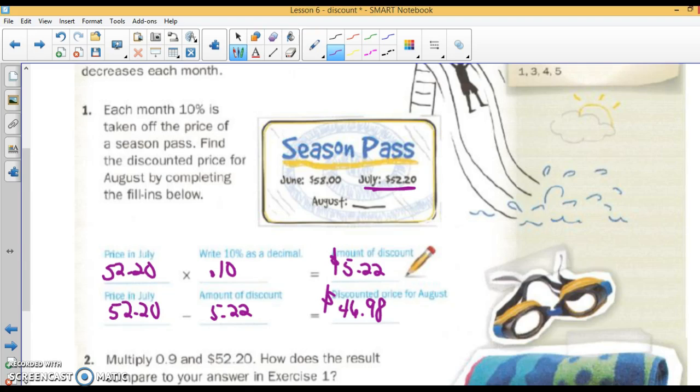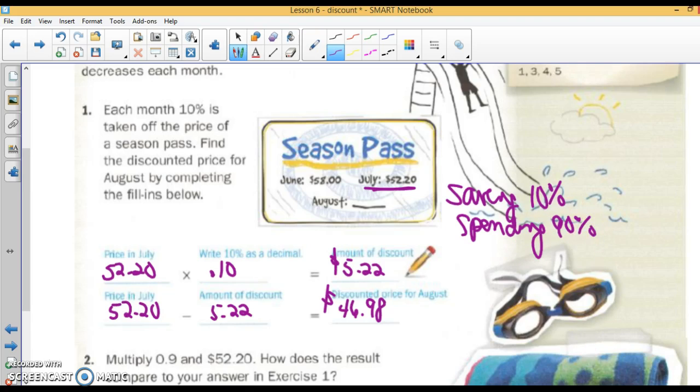There is a shortcut. Think about this. If it's 10% off, the math that we did, we found 10% and subtracted. But think about it. If you are saving 10%, aren't you spending 90%?